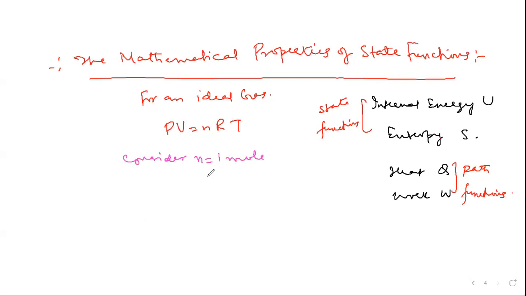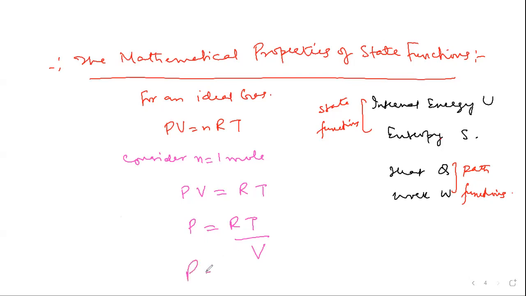So if we have 1 mole of an ideal gas, then n is 1, we get PV is RT. Now remember, pressure, temperature, volume are also state functions, right? So I can write P equal to RT by V. R is constant, so pressure is a function of temperature and volume.